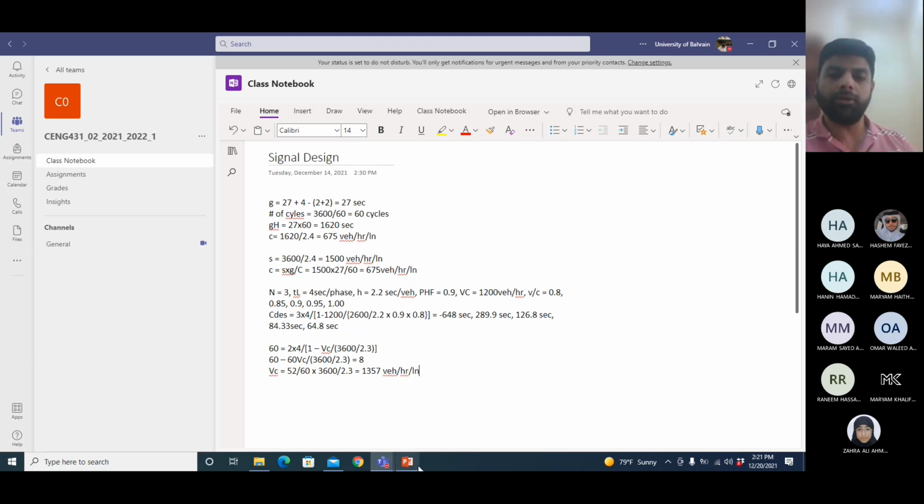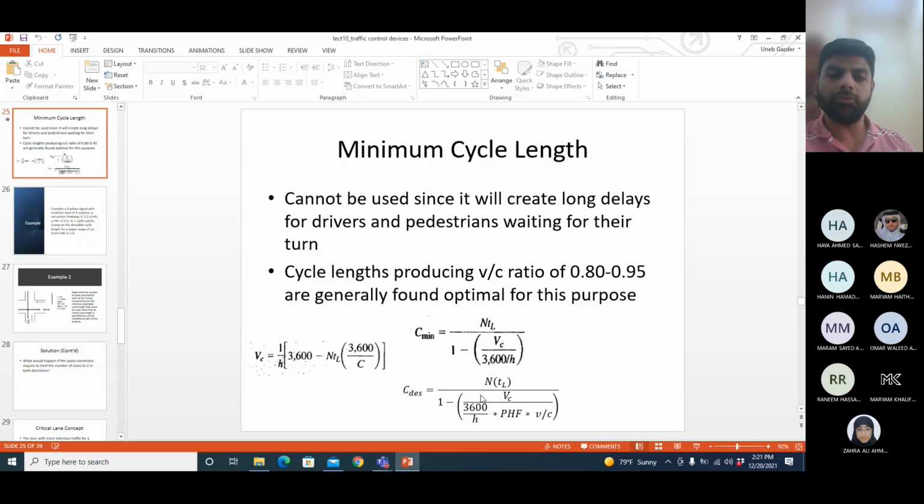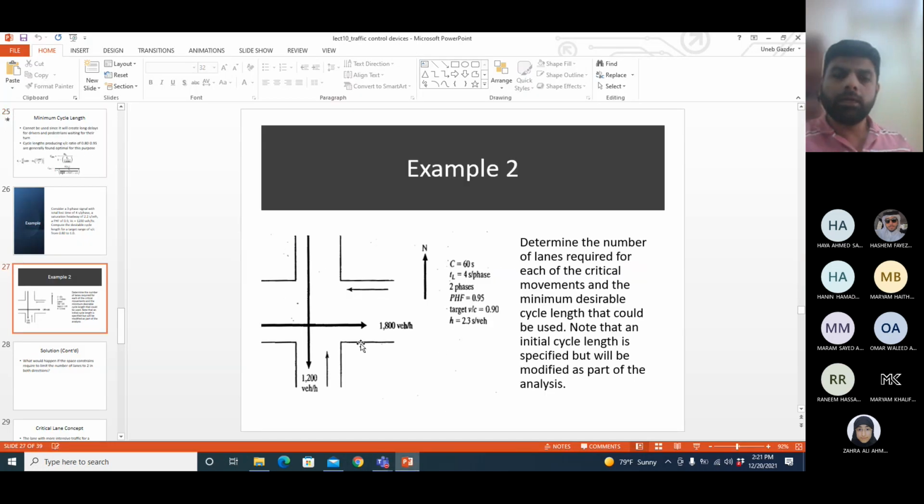Now if you go to the example, the volume given in east-west is 1800, north-south 1200. Assuming that I will have one lane in the east-west direction and one lane in the north-south direction, this total 1800 will be per lane, and this total 1200 will be per lane.